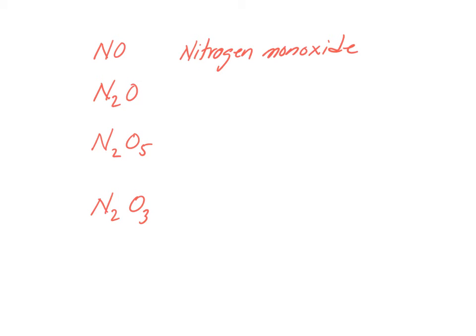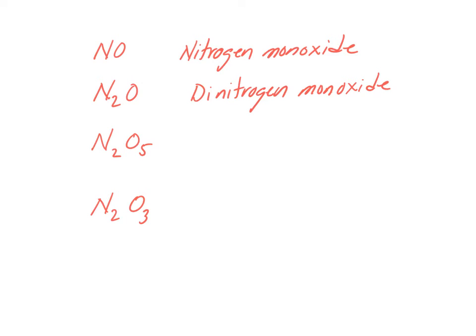I'm not going to say mononitrogen monoxide. I'm just going to say nitrogen monoxide. Okay, let's try the next one. All right, so next one, I'm going to call this dinitrogen monoxide.